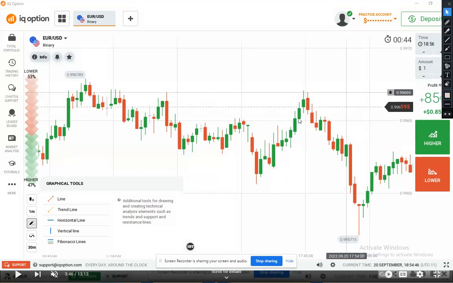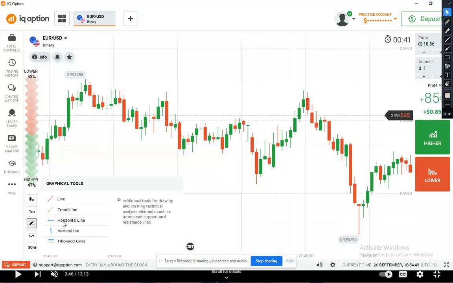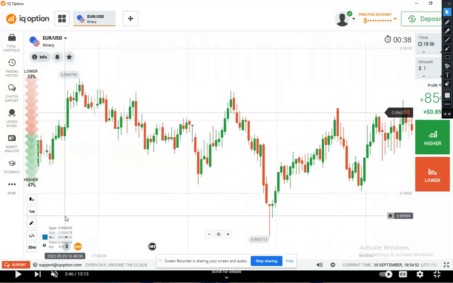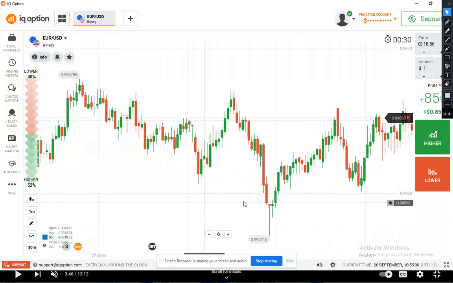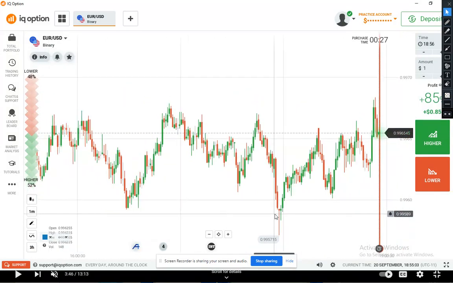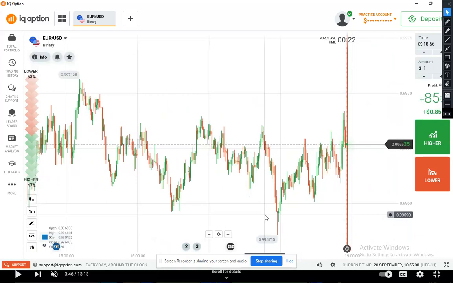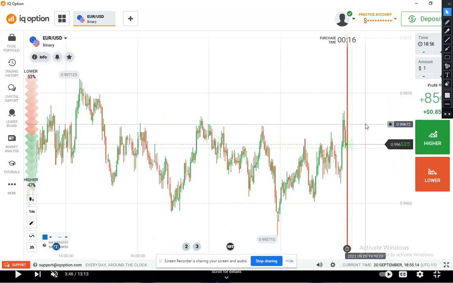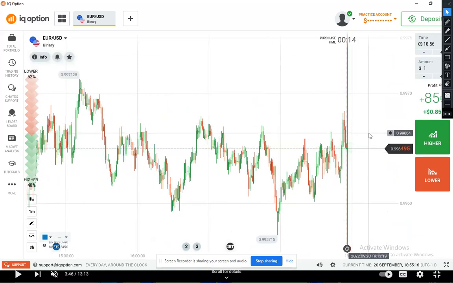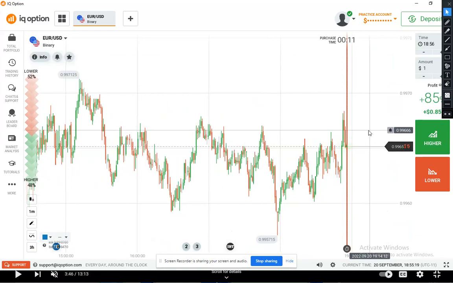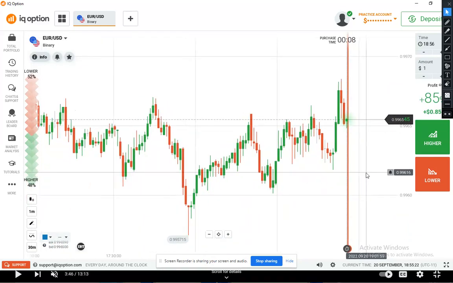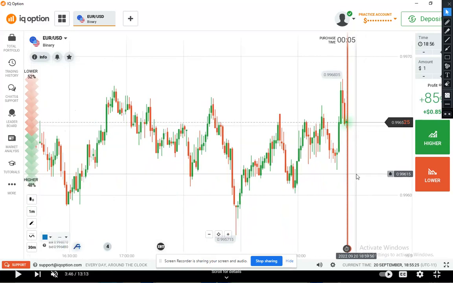So what you need to observe is to check on the left side. Okay, just need to check.